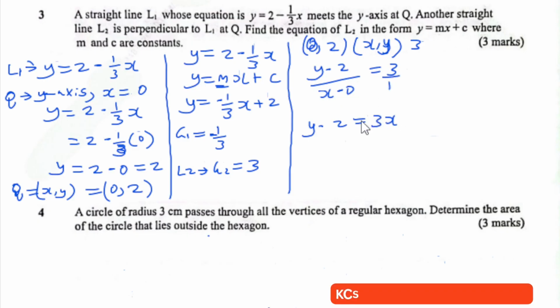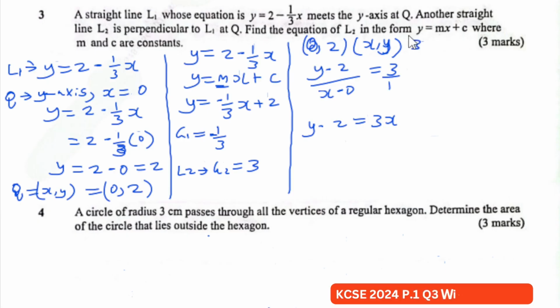We move on. This is actually a complete equation, but if you leave it at that point, you are likely to miss the answer mark. Why? Because this is not the format that you are required to give. The question is very clear. It tells us to find the equation of L2 in the form y equals mx plus c.